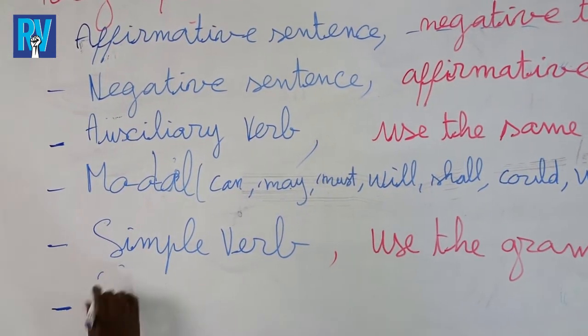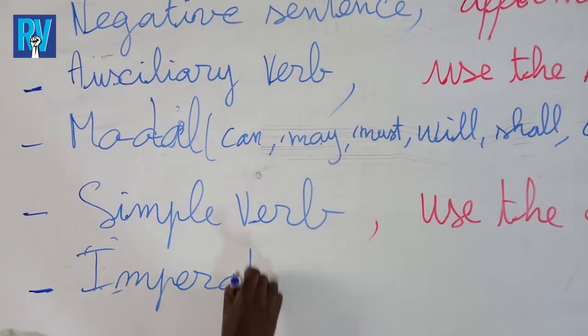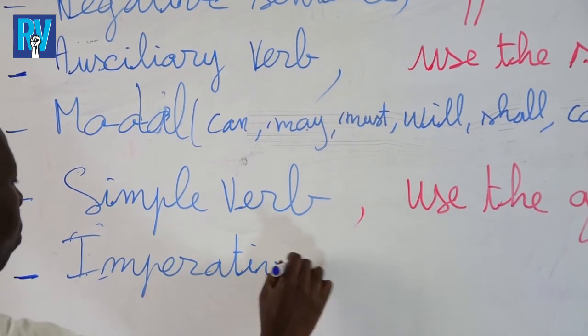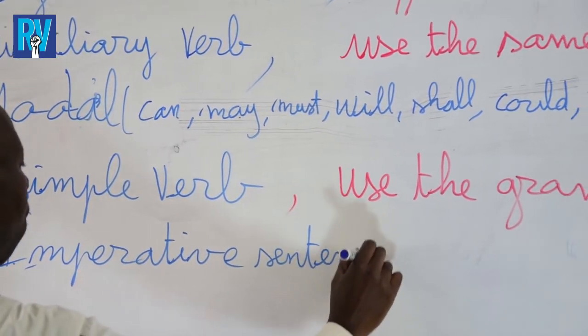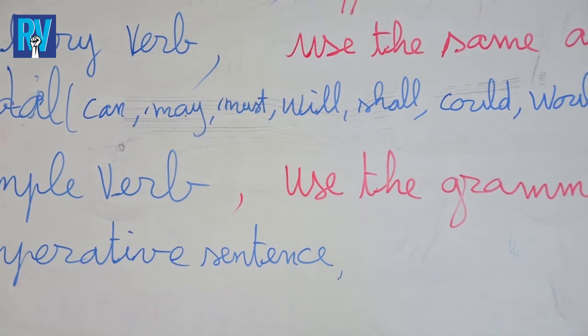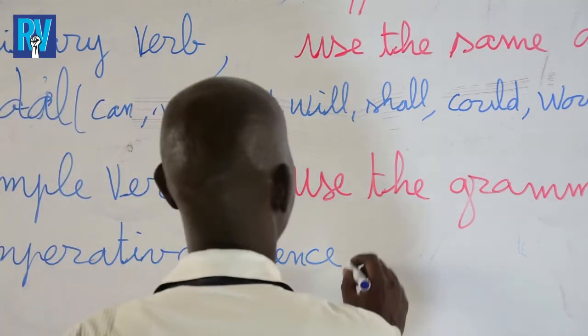If you have an imperative sentence. Impératif, c'est quand vous avez la base verbale, hein? Il n'y a pas de sujet. When you are giving advice or order, open the door, ouvre la porte. Don't open the door, will you? Open the door, imperative sentence.